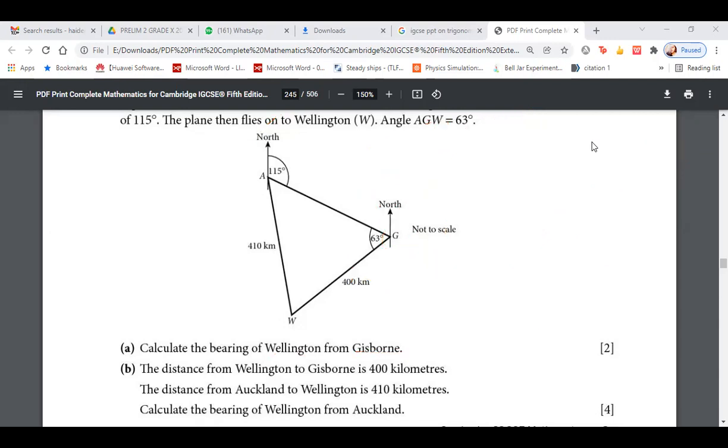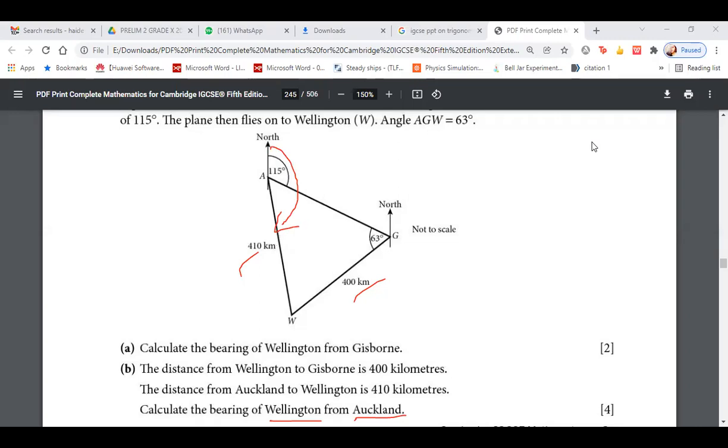Okay, moving on to the next one. They want the bearing of Wellington from Auckland. So from A I have to go to W, which means I want this whole angle. To get this whole angle, I have to figure out the value of this angle.